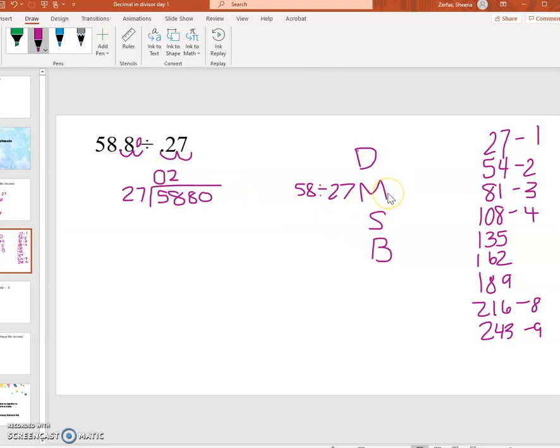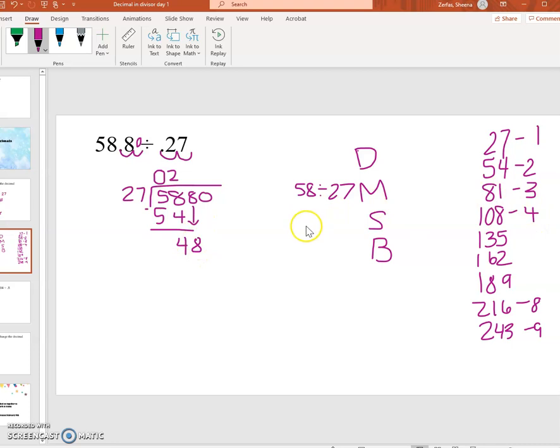I've already done the multiplication step, because I know 2 times 27 gives me 54, and I'm aligning that underneath the 58 and subtracting. Great. Bringing down just the 8, not the 8 and the 0.